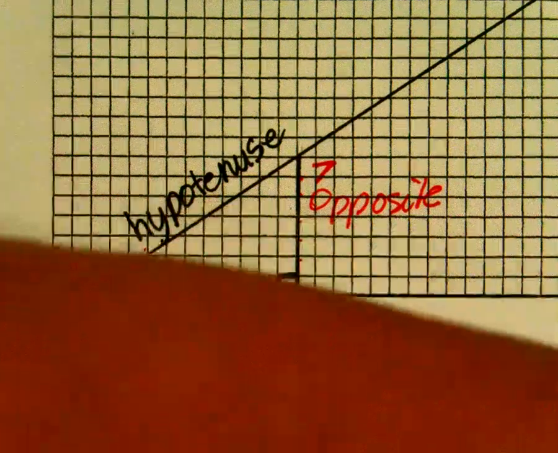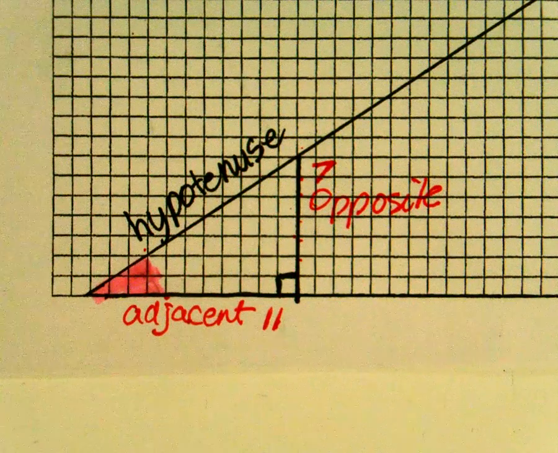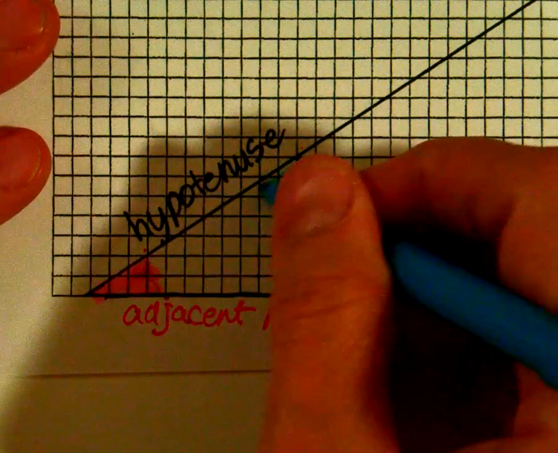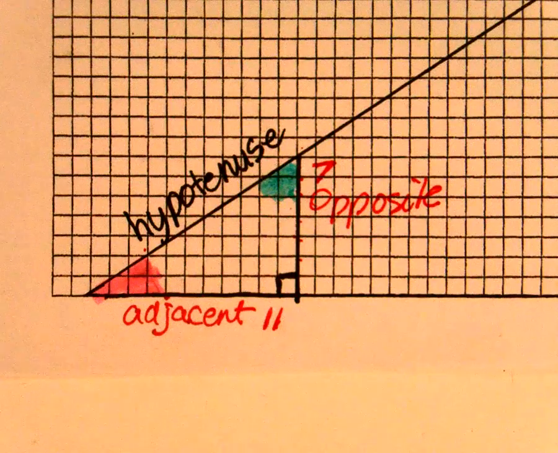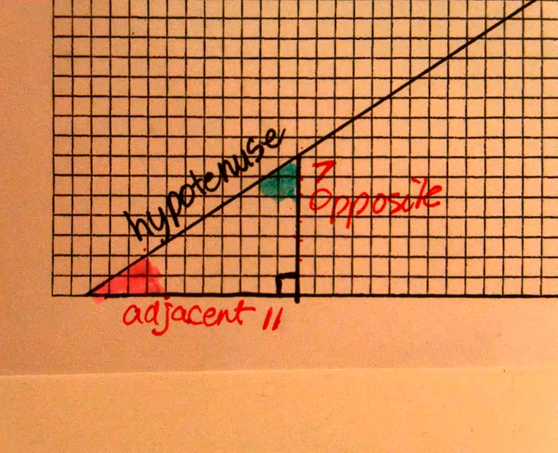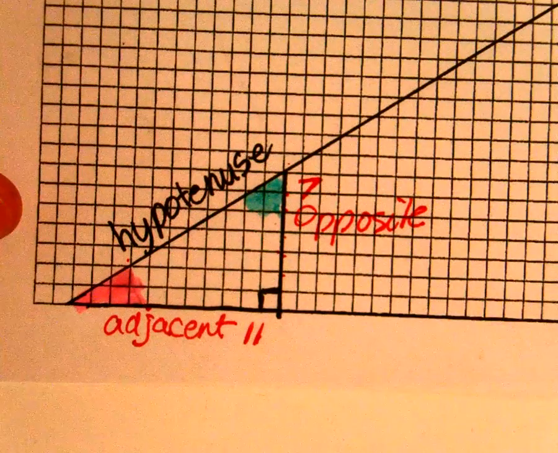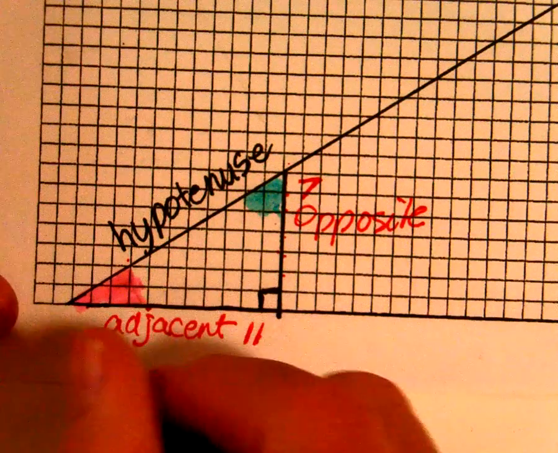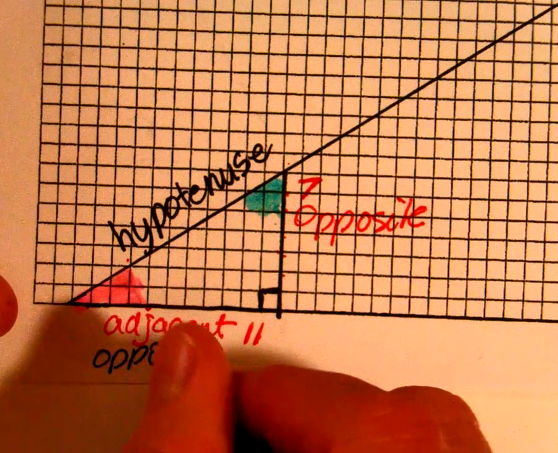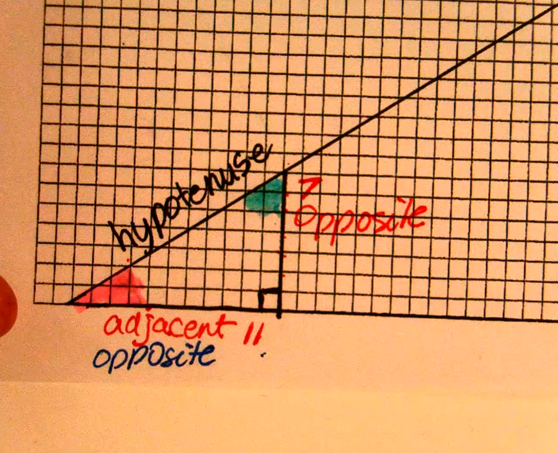Well, I need to talk about this other angle. I'll make it blue. Relative to this angle, the blue one, the upper one here, this is now opposite. But it's still 11.